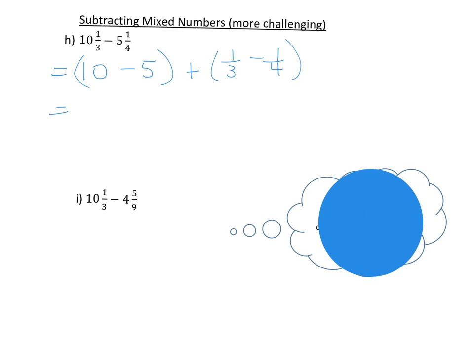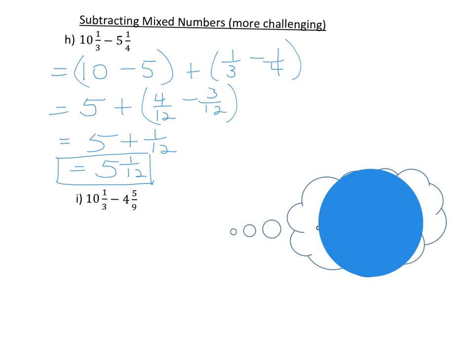So we end up with, our whole numbers are subtracted, so we have 5 plus 1/3 will be 4/12 minus 1/4, which will be 3/12. So I have 5 plus 1/12, or written properly would be 5 and 1/12.